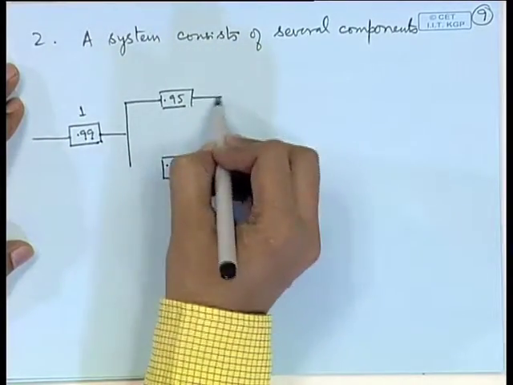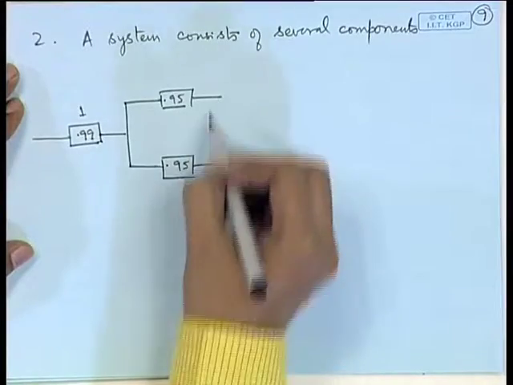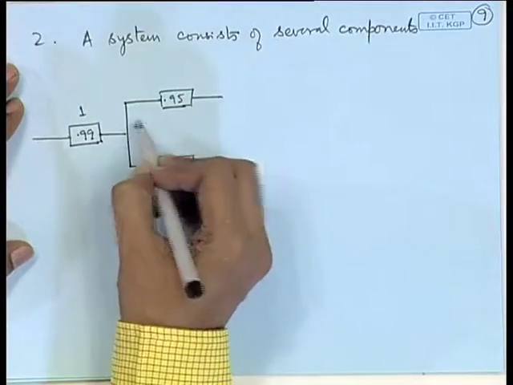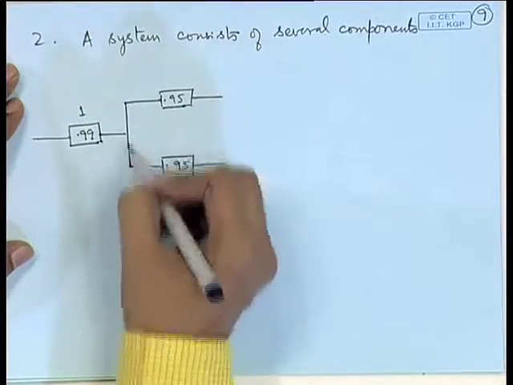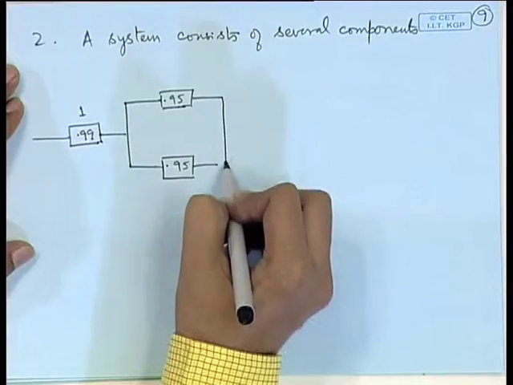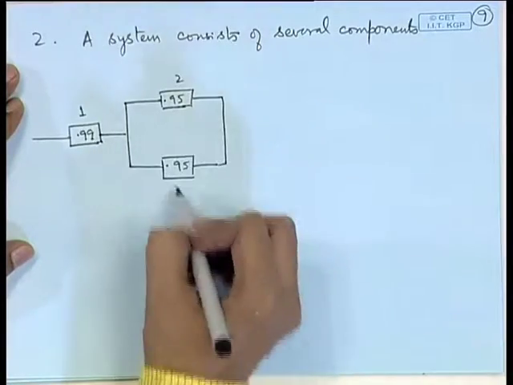So, this second assembly here is consisting of two components connected in parallel. So, this particular part will be working provided any of them is working. Let us name it 2 and 3.